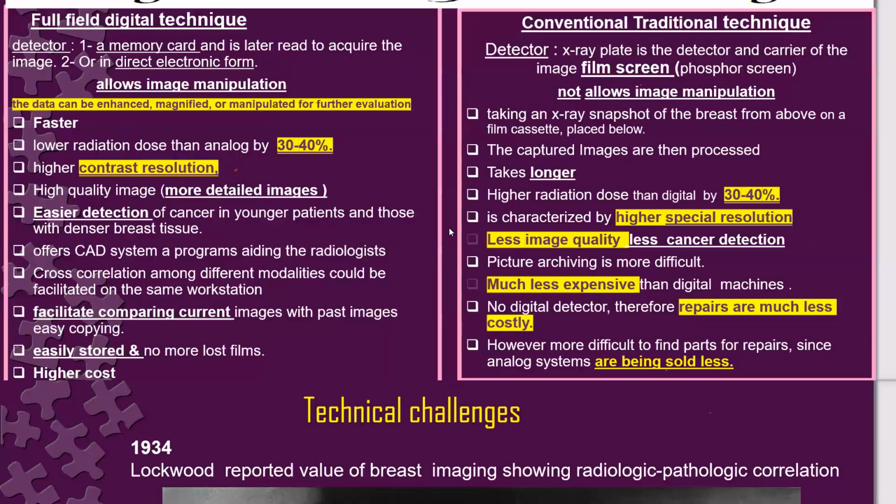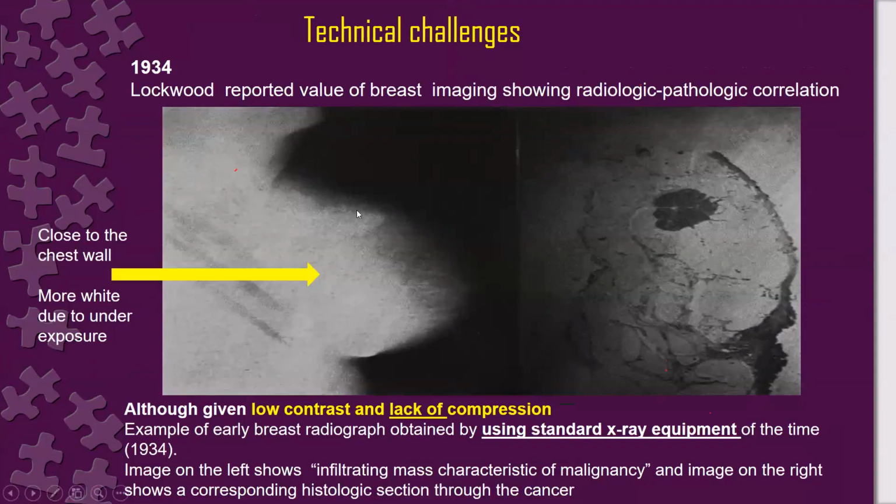Okay, regarding technical challenges, in 1934, look at this very low contrast image. Because of lack of compression, the thicker part close to the chest wall appears very white compared to the relatively thinner anterior breast.